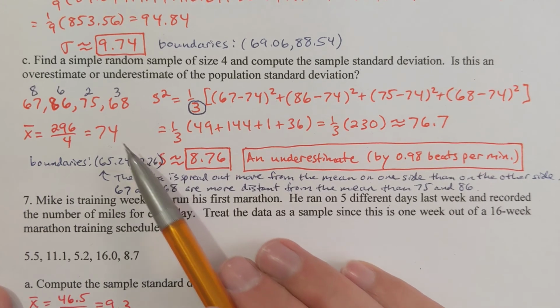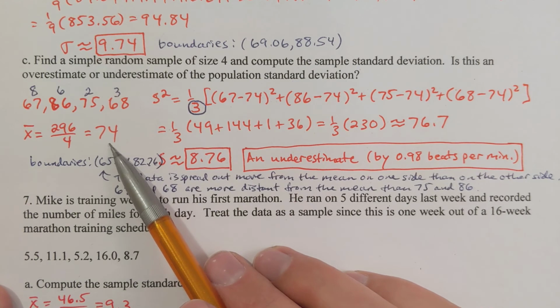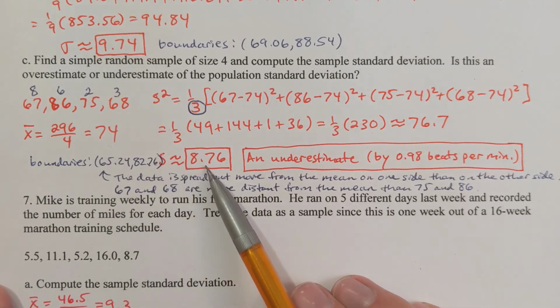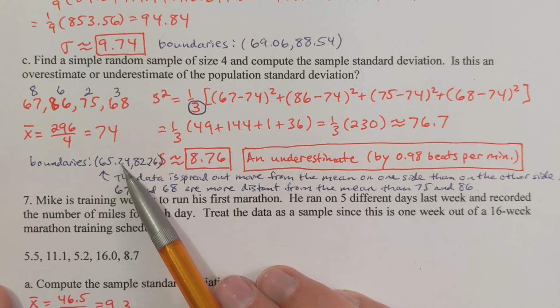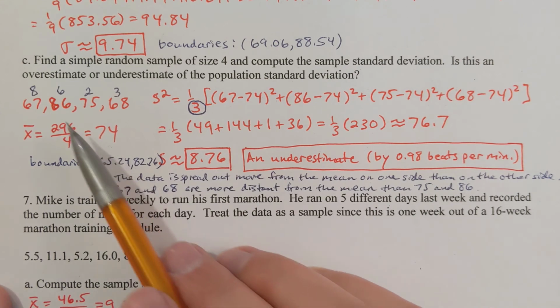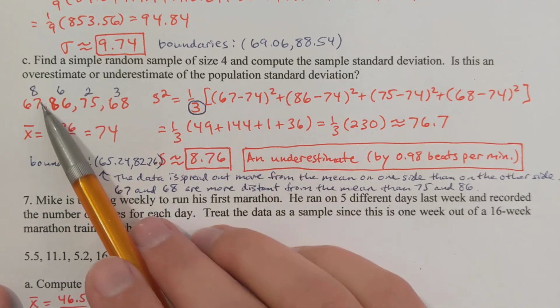Well, the biggest number that I had was 86. If I'm at the mean, 74, and subtract 8.76, that gives me 65.24. Well, the smallest number that I had was 67. So why am I less than that?